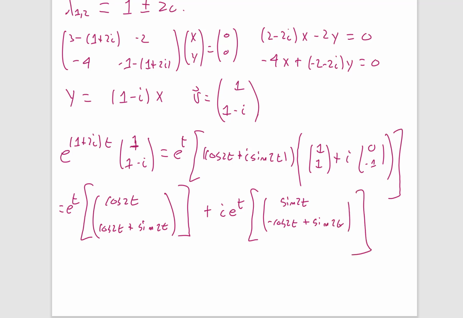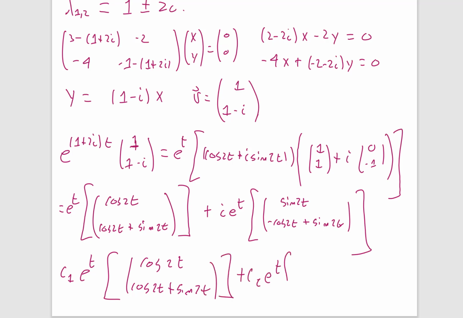So what this tells us is that the general solution is c1 e to the t times (cosine 2t, cosine 2t plus sine 2t) plus c2 e to the t times (sine 2t, minus cosine 2t plus sine 2t), like this.